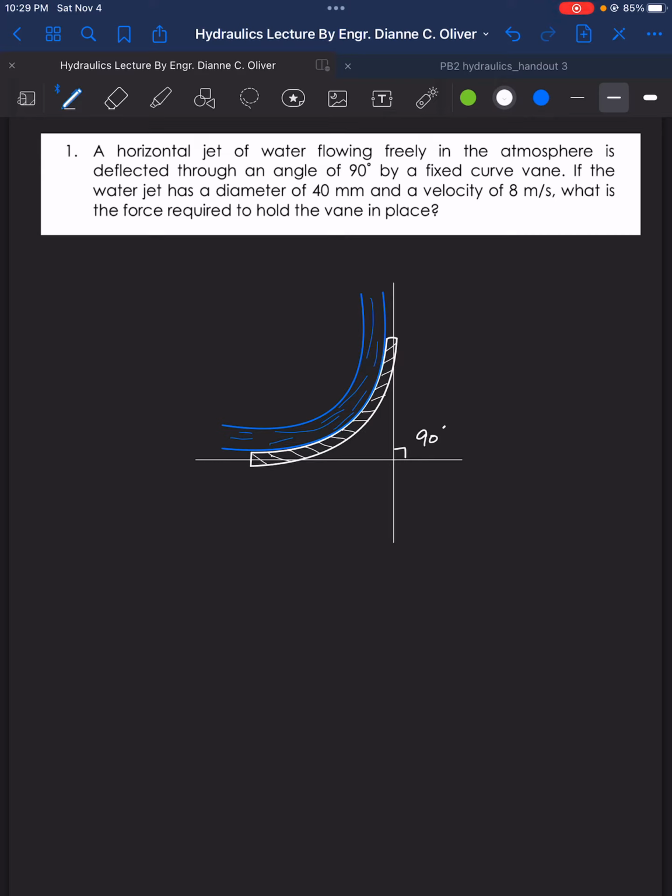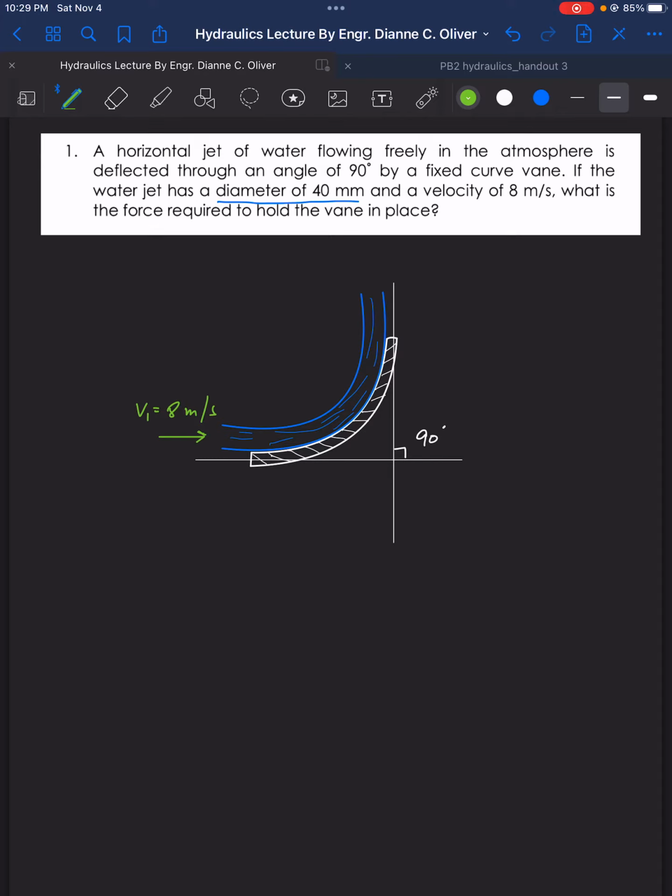Given the water jet has a diameter of 40 mm, and the velocity of 8 meters per second. So V1 equals 8 meters per second.